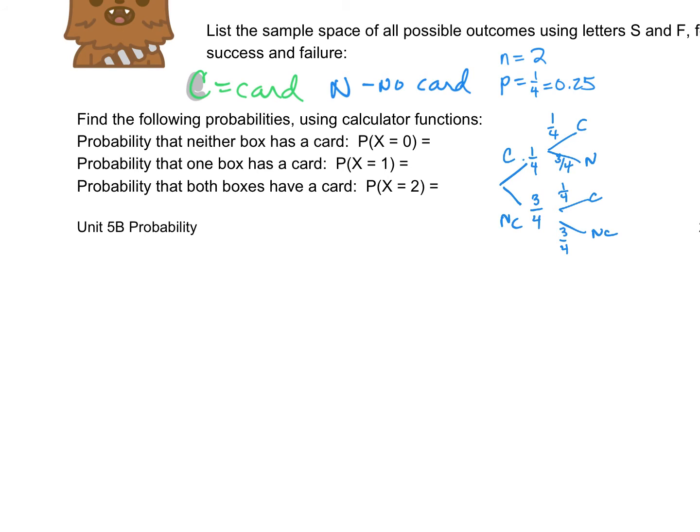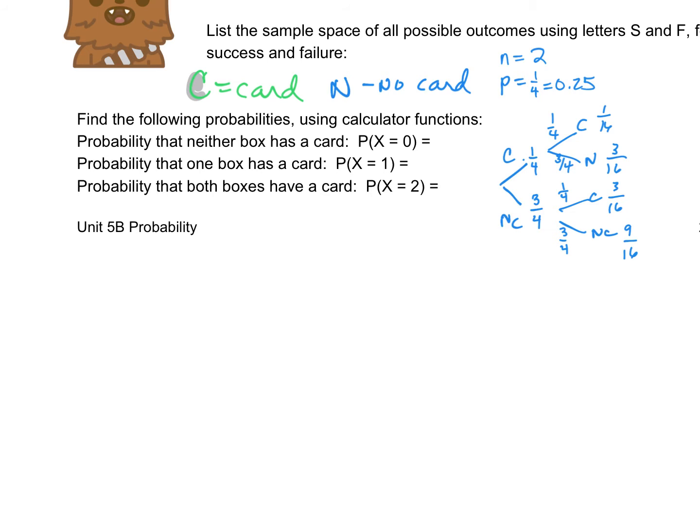So 1/4 times 1/4 is 1/16. This is going to be 3/16, 3/16, and 9/16.